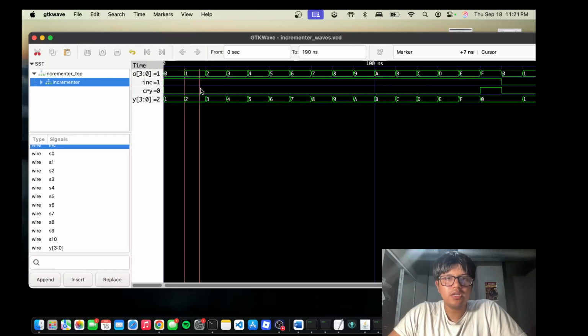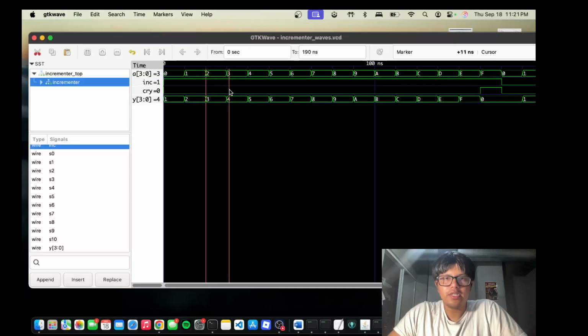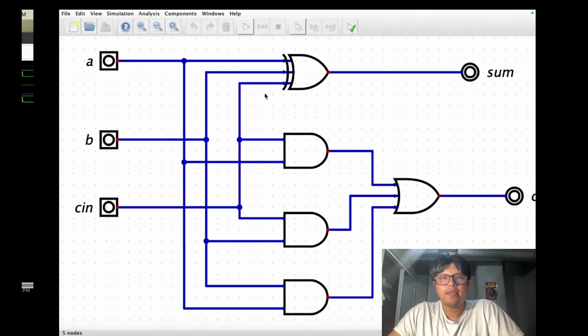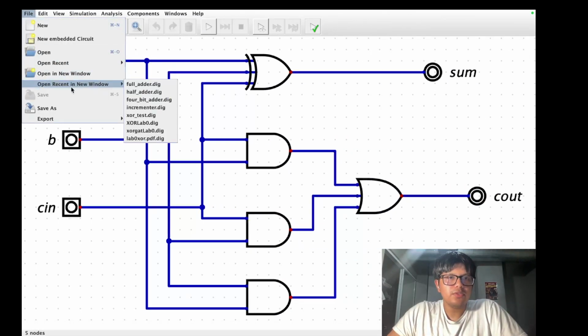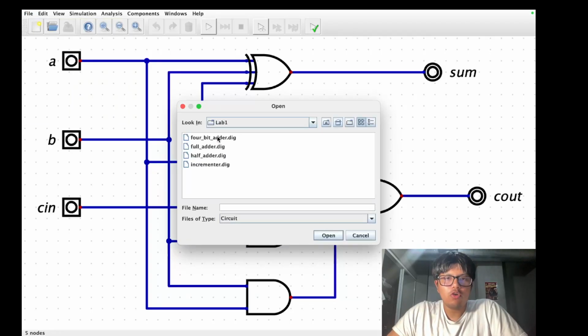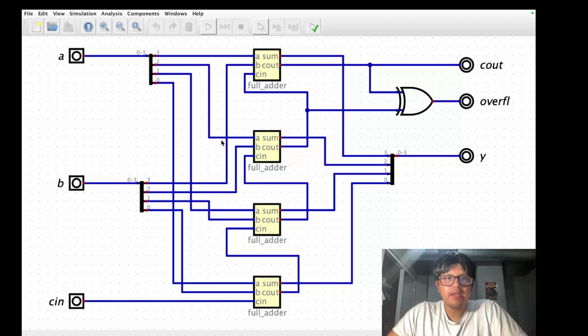So pretty much this is the simulation for the incrementer on GTKWave. And if we were to go and open the 4-bit adder, as we can see here, this is the 4-bit adder.